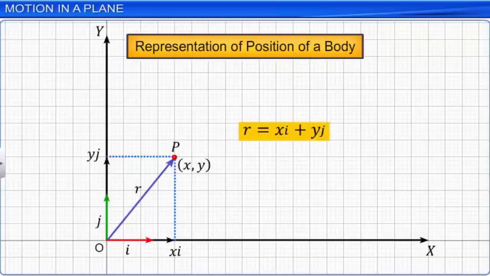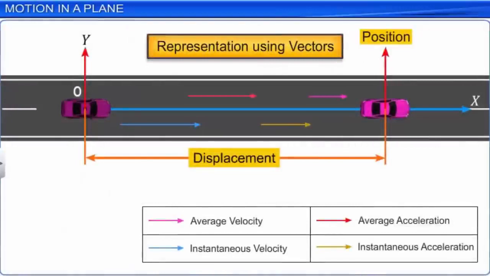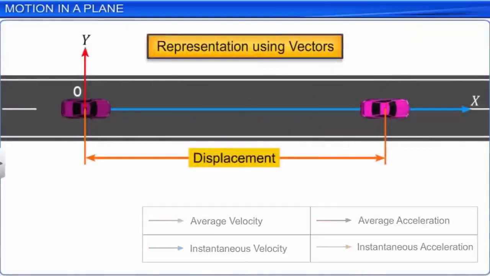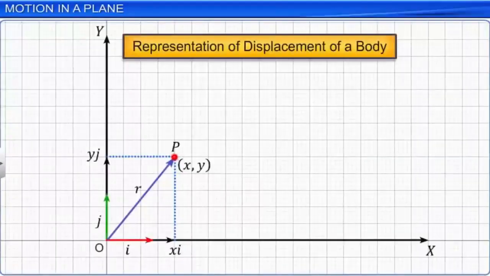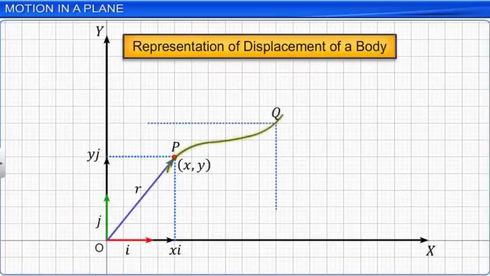Next, let's discuss how to represent displacement of a body using vectors. Consider the same body to move along a curve in the xy plane. The body is at point P at time t and at point Q at time t dash. r and r dash are the position vectors at points P and Q respectively.